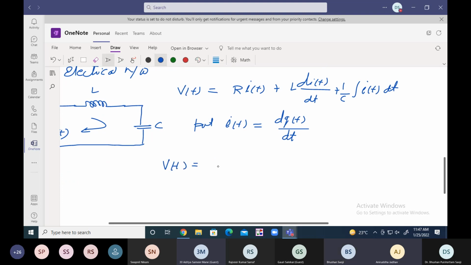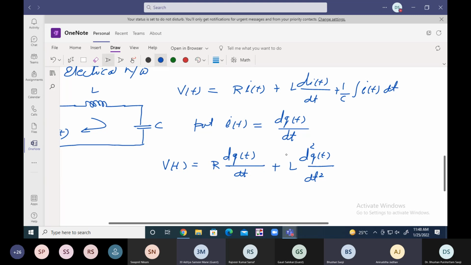So V of t equals R into dq of t by dt, plus L into d square q of t by dt square, because I of t is dq of t by dt.